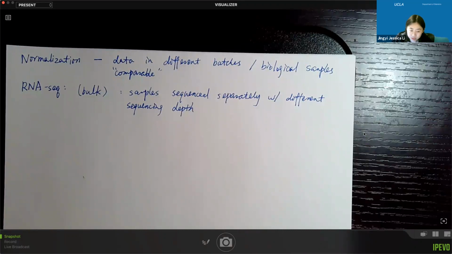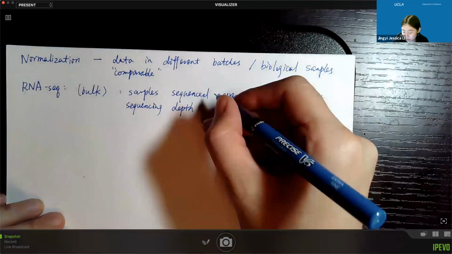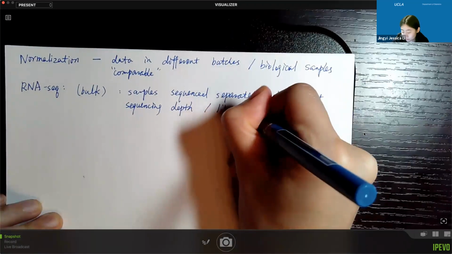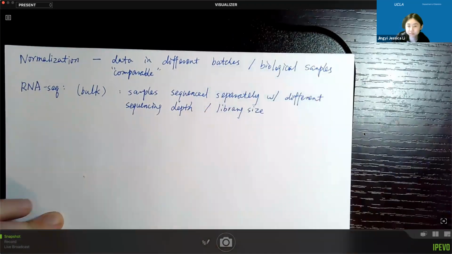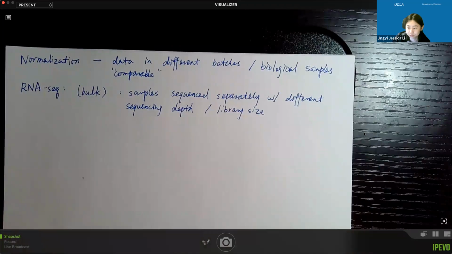So the first and most usual way is to normalize by sequencing depth, or sequencing depth is sometimes called library size. These two terms are both used in the sequencing literature. Right, why do we want to do that?